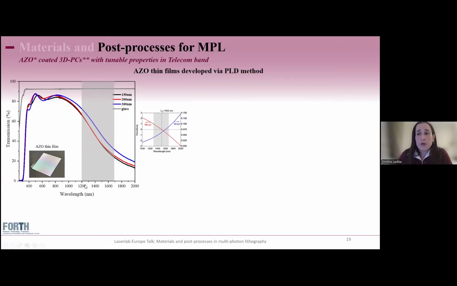However, around 1,200 nanometers, we see a decrease in the transmission, and this is due to the permittivity changing to negative values, which represents a metallic behavior and, of course, low transmission values. However, in this gray area is where the ENZ behavior of AZO is found, according to previous works.